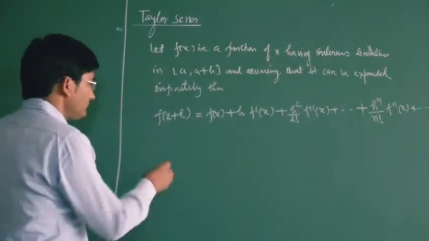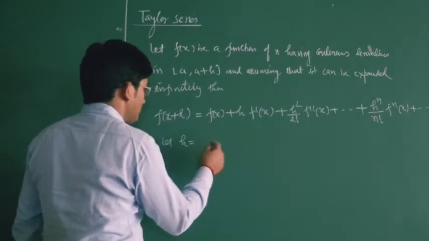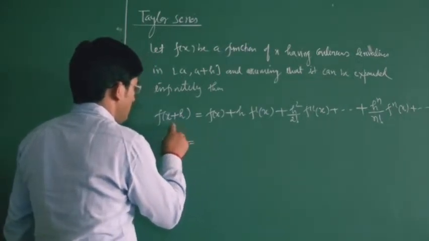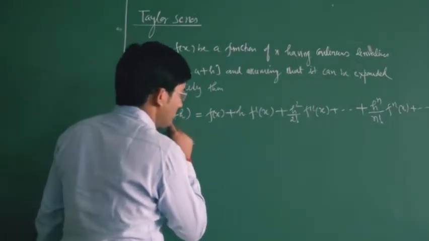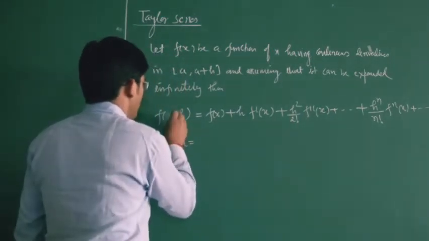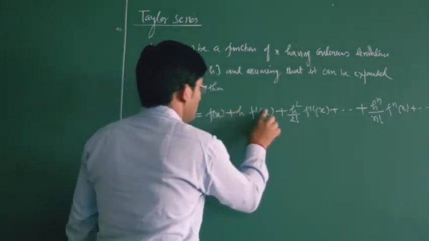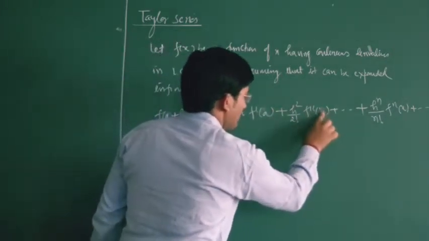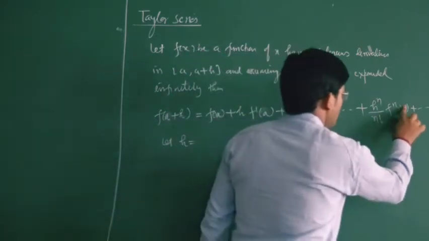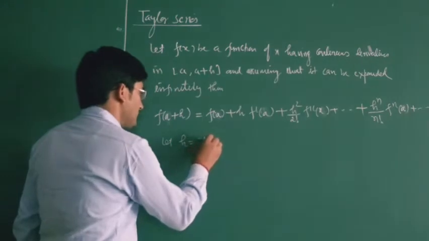Now let us say this is your f(a plus h), so we will have f(a) here, and then f dash a, f double dash a, and then we will have f^n(a). So let us put that h equal to x minus a.